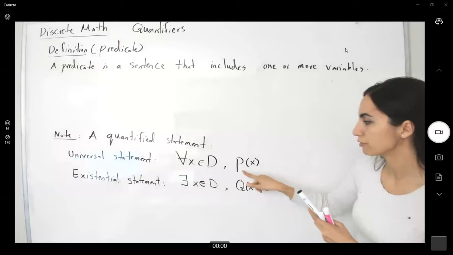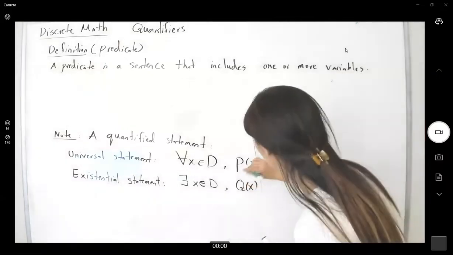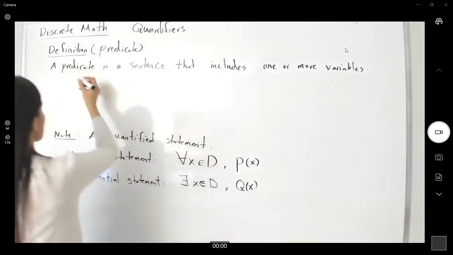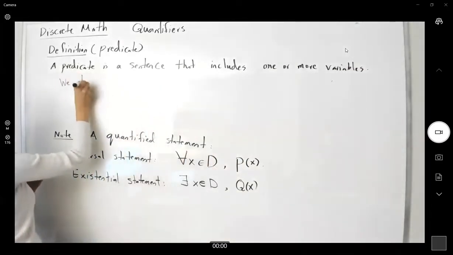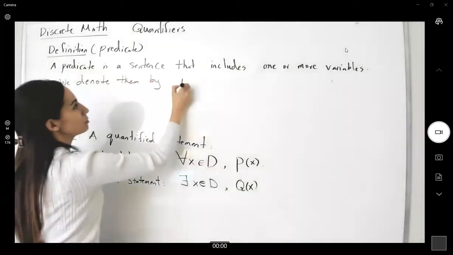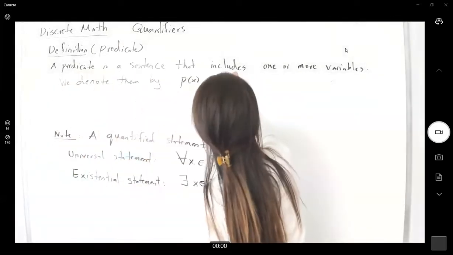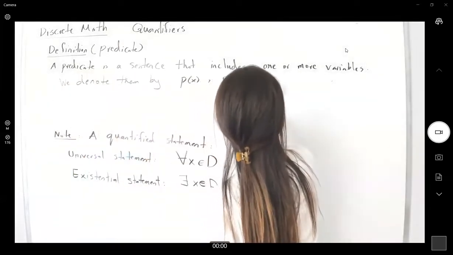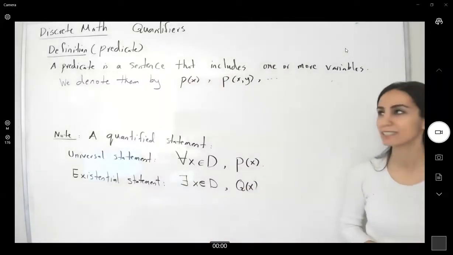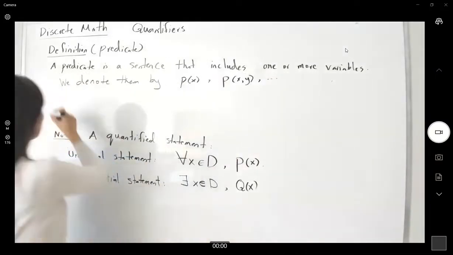So each one of these is called a predicate. We denote them by P of x. You might have more variables, P of x and y, and so on. Depending on your statement, depending on your sentence, you add more variables.